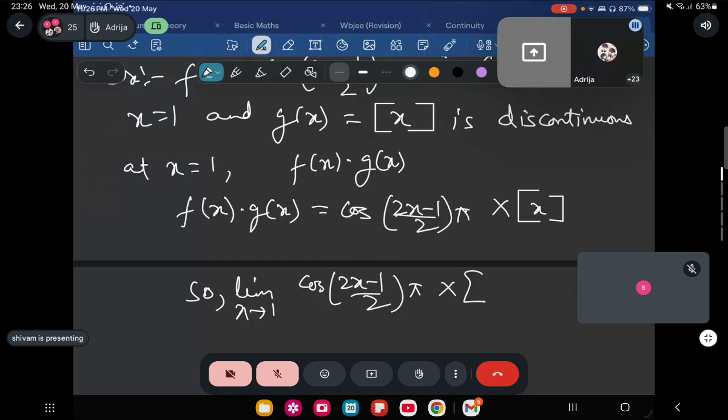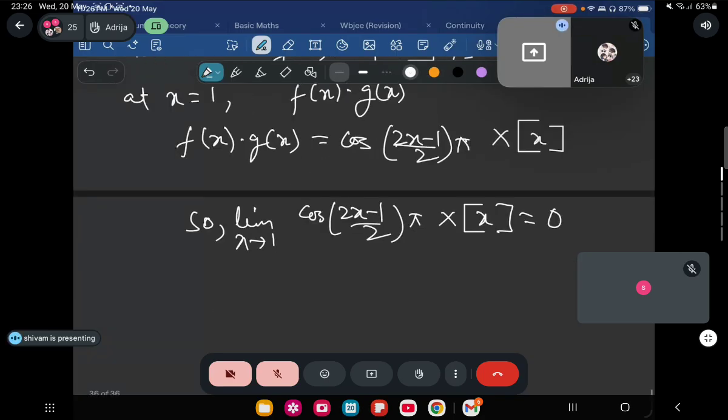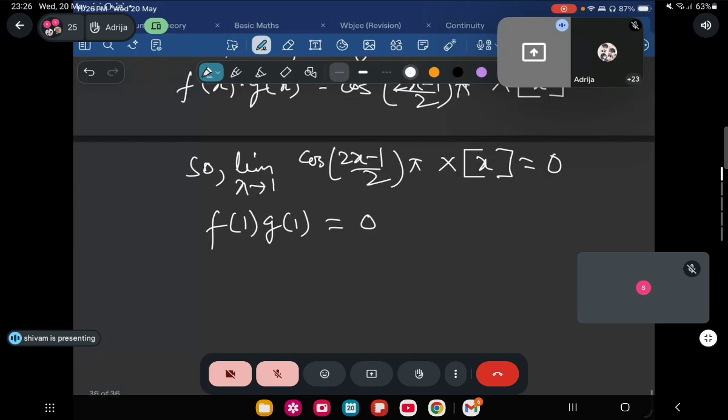Sir, it is 0. Correct. And over here, f of 1 into g of 1 will be equal to 0 only. Therefore, f of x into g of x becomes continuous.